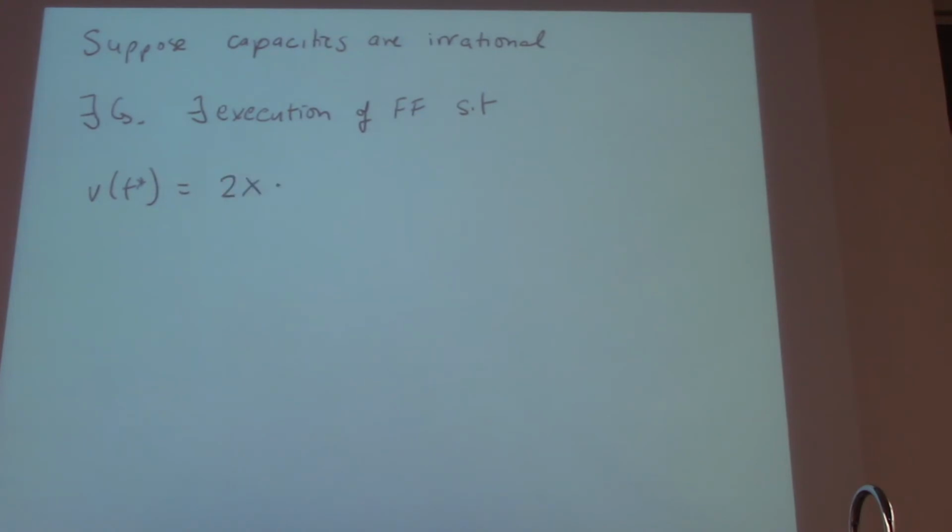And they don't even have to be real numbers. Just assume they're irrational. So you don't need fancy transcendental numbers. So there exists a graph and an execution such that the value of the flow is 2x plus 1, again look at the notes, for some value x that you specify when you input the graph.